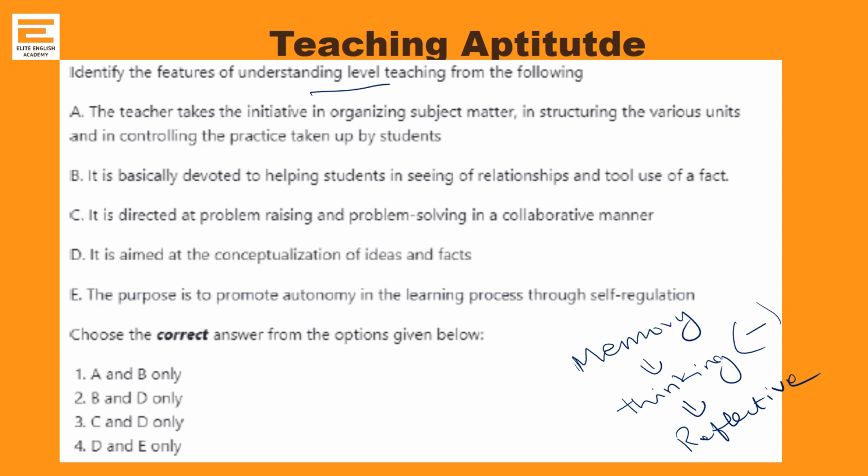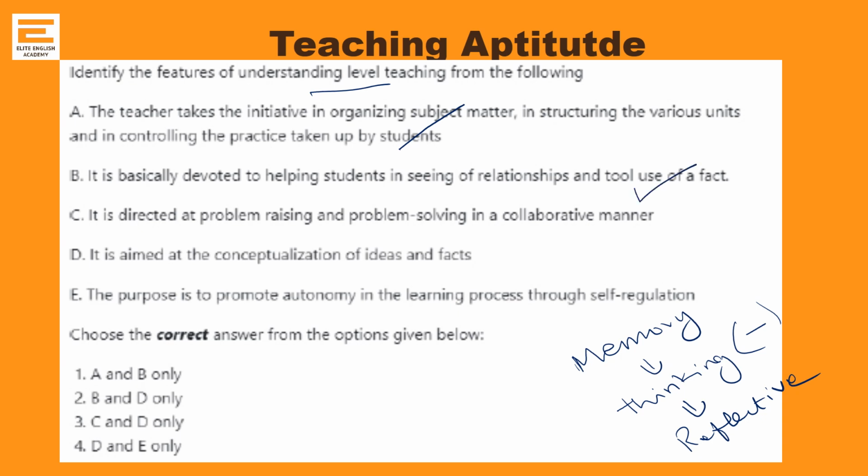The first one, the teacher takes the initiative in organizing the subject matter in structure. These are the things that take place before the class. So it's about classroom management. So the first option is not at all in place. Now coming to the second one, it is basically devoted to helping students in seeing the relationship and tool, so the students understand something and how to use it.